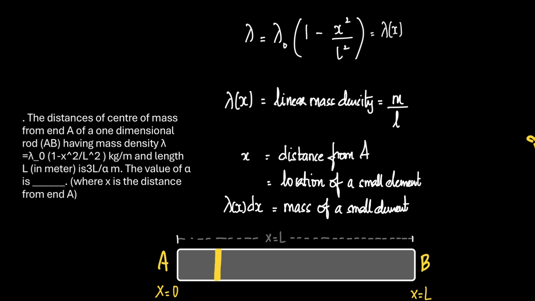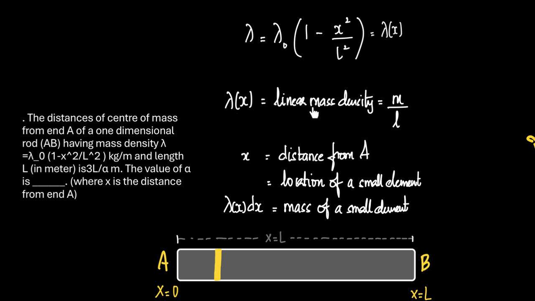You might be wondering, why x and not L? That is where the understanding of the question becomes really important. Length is L, the complete length is L. So we have a rod, assume it to be AB, whose complete length is L, and it ranges from x equal to 0 at point A to x equal to L at point B. So what is lambda x?